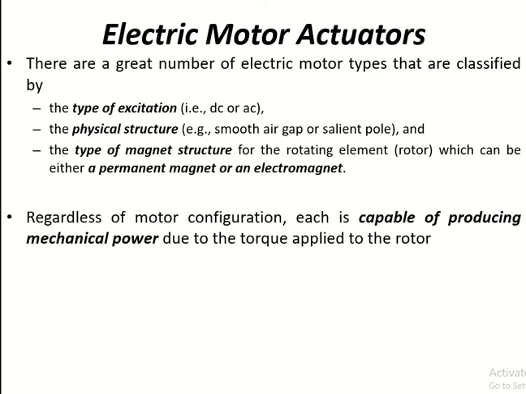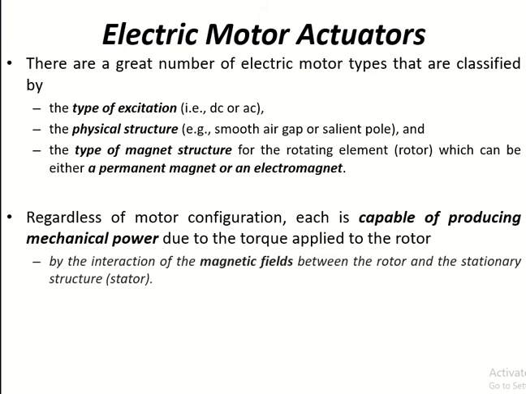Regardless of this motor configuration, each motor is capable of producing mechanical power due to the torque applied to the rotor by the interaction of magnetic fields between the rotor and the stationary structure, that is the stator.